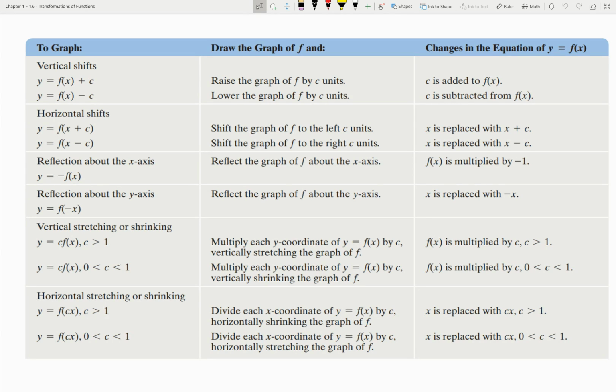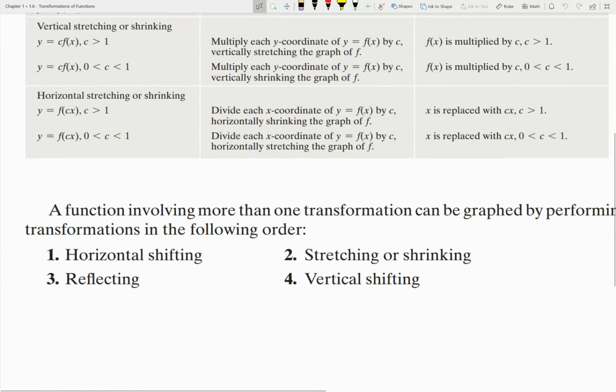Horizontal, you divide each x coordinate by c to get your new function.